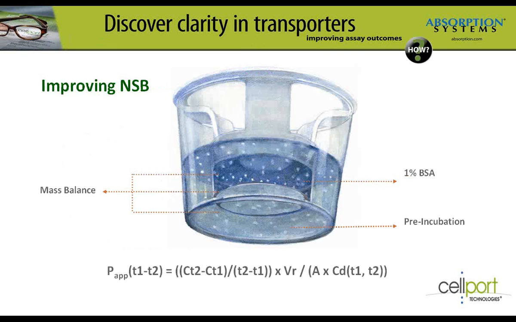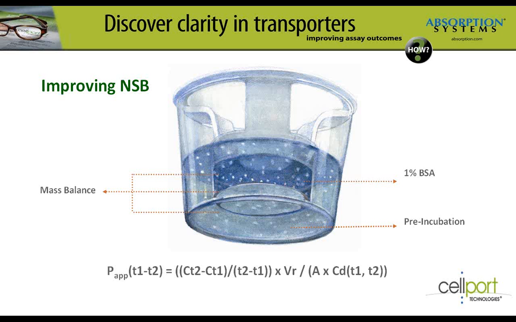There are a variety of techniques for alleviating nonspecific binding in the directional format. Pre-incubation of the test compound in the donor compartment helps to maintain the level of test compound in the donor available for transport throughout the assay duration. Including 1% BSA in the receiver compartment mimics more physiological sink conditions.